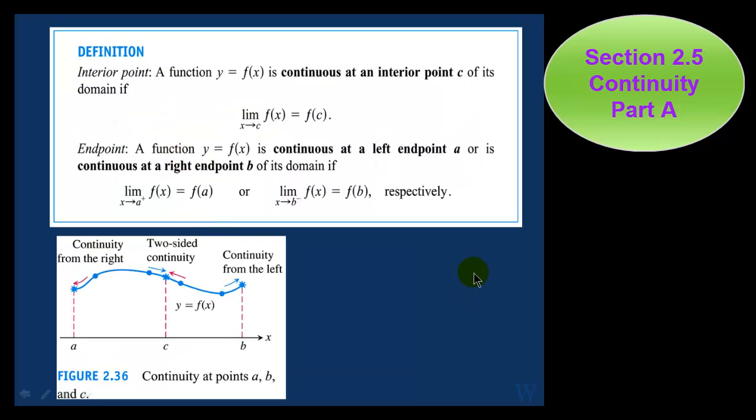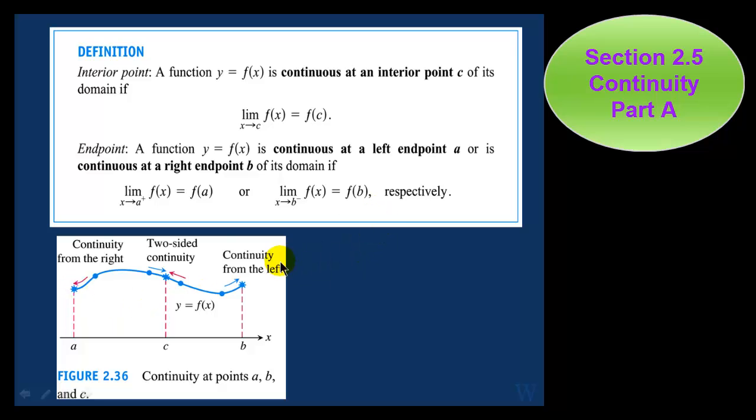Definition. From our previous example, a function y equal to f of x is continuous at an interior point c of its domain if the limit of f of x as x approaches c from both sides is equal to f of c. Now, if we are at an endpoint, we have continuity from the right if the limit of f of x as x approaches a from the right is f of a.